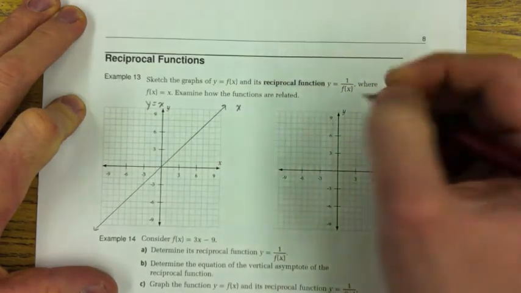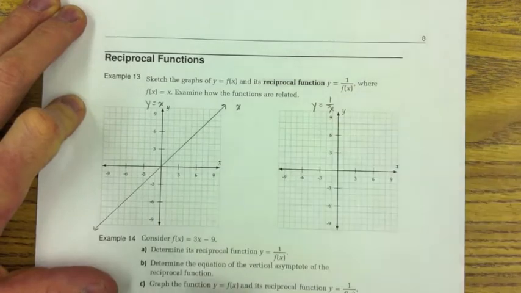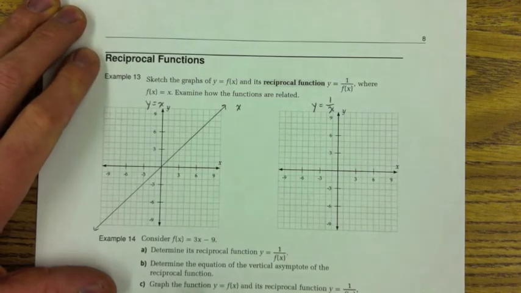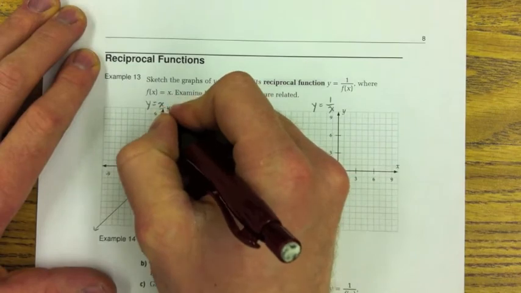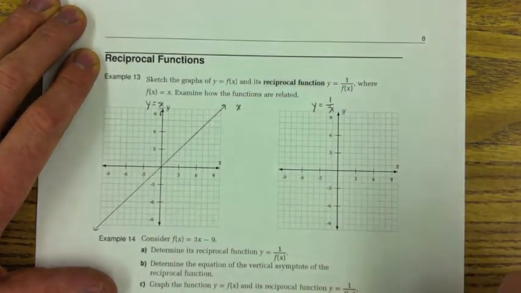The reciprocal of y equals x is y equals 1 over x. The reciprocal is just that operation that you do when you divide fractions. You have to flip. So here we've got y equals x over 1. The reciprocal of x over 1 is 1 over x.